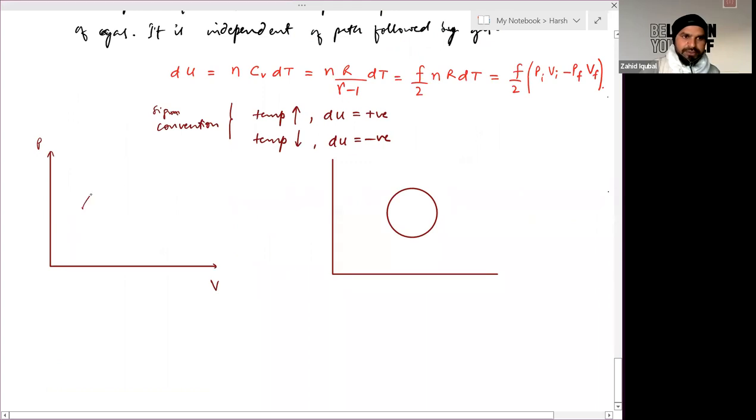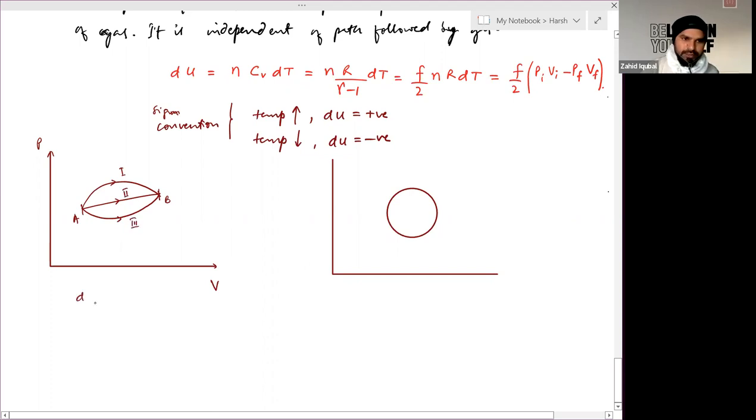Suppose for three different gases, one of the gas, second gas, and third one, starting from this point A and finally to this B. Let's say this is first process, second process, and third process.